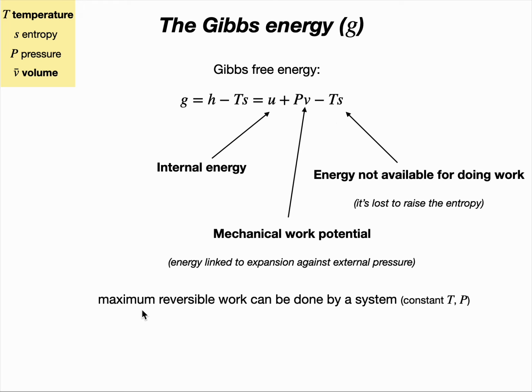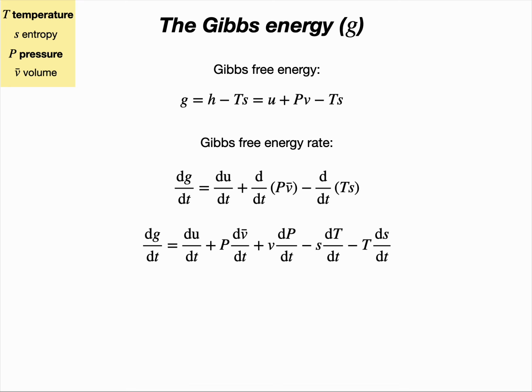So the Gibbs free energy rate now will look like this. dG/dt equals dU/dt plus d/dt of PV minus d/dt of TS. So there we can apply the product rule to distribute the derivative over the product PV and the product TS. We end up with all these terms.